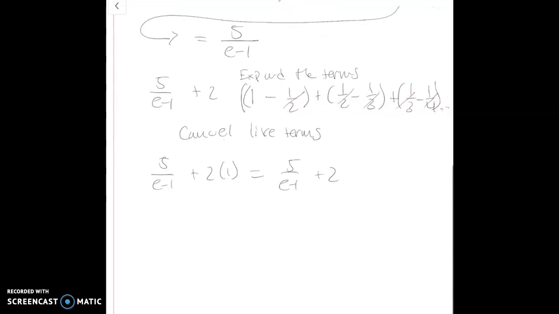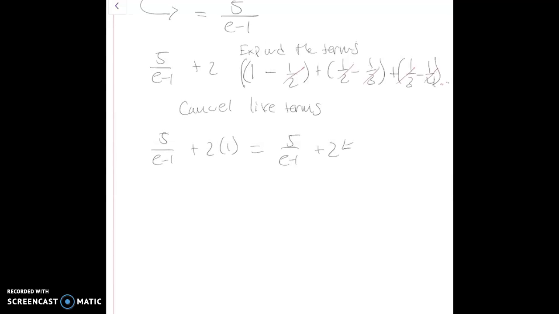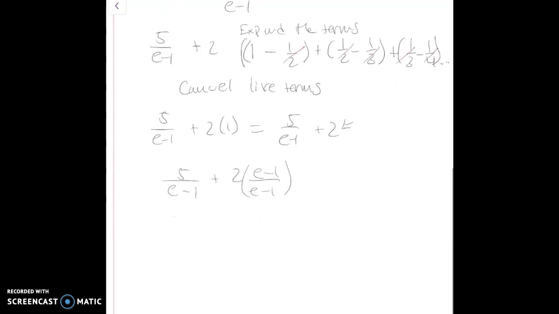Then here we would want 2 as a fraction, so we would do 5 over e minus 1 plus 2 times e minus 1 over e minus 1. And of course we get 5 plus 2 times e minus 1 over e minus 1.